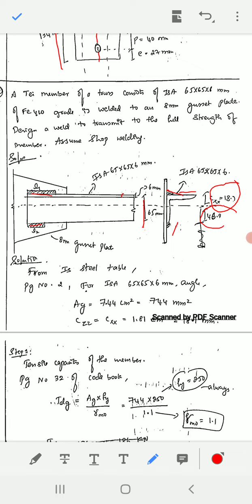How did you get 46.9? 65 total minus 18.1 will be 46.9. This 18.1 you got from the steel table. You see here from IS steel table, page number 2, for ISA 65 into 65 into 6 mm. Wait, I will show the steel table.